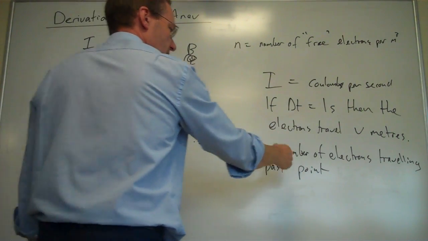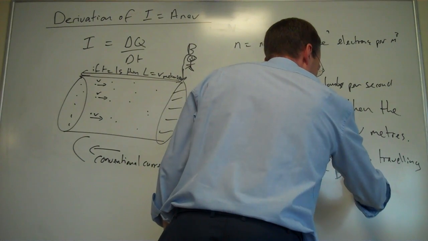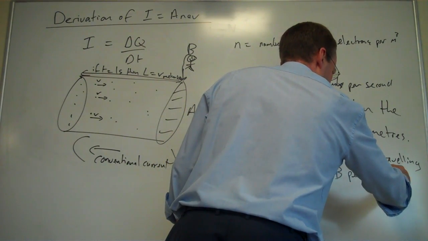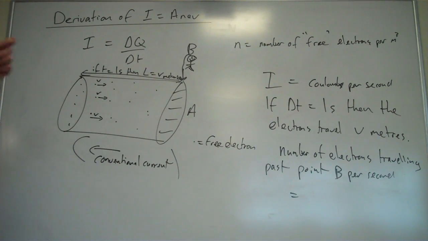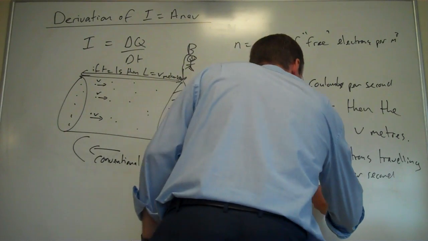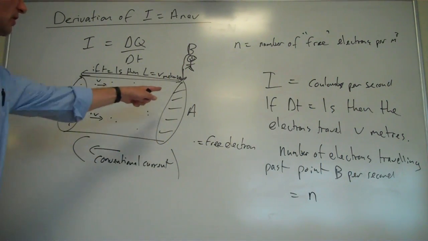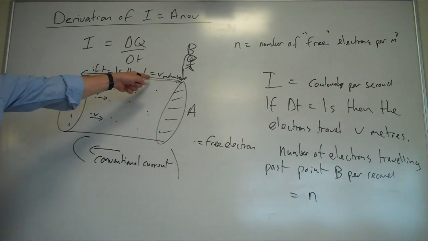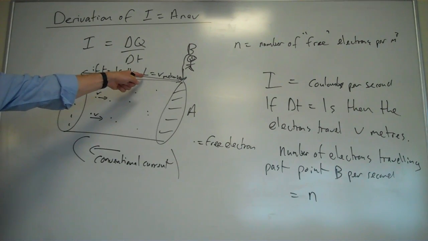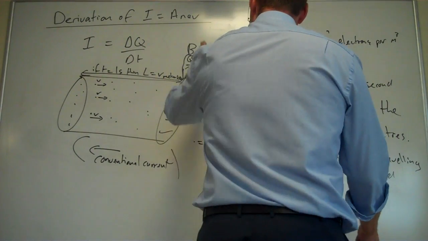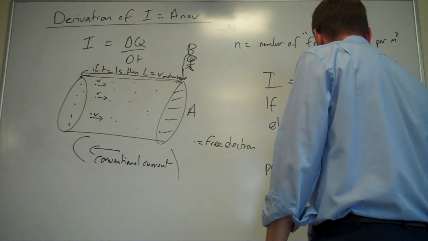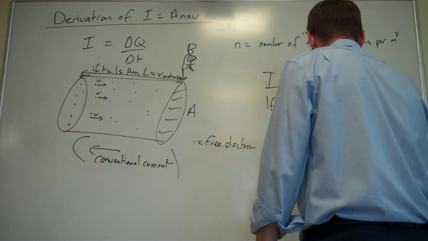Number of electrons travelling past point B per second, remember, equals, well, we know that there's n electrons per unit volume, so all we've got to do is n times by the volume, and the volume is cross-sectional area times by L, agreed? You all know volume of a cylinder. So the number of electrons travelling past point B is nAL.